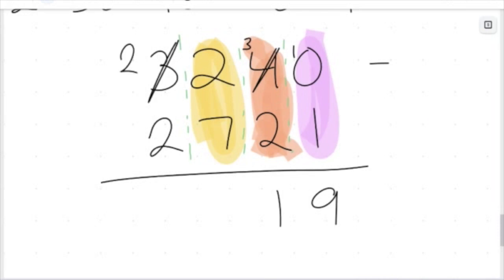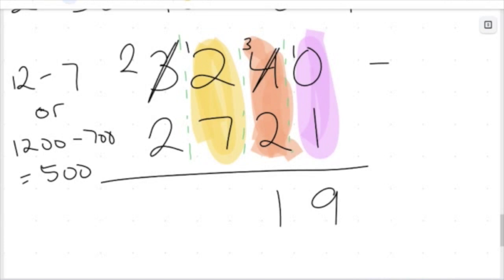So this 3 is going to become a 2. And I'm carrying the 1, you can see once again, but just going in a different direction. So I wind up with 12 minus 7, or because I've lent 1,000, 1,200 minus 700.